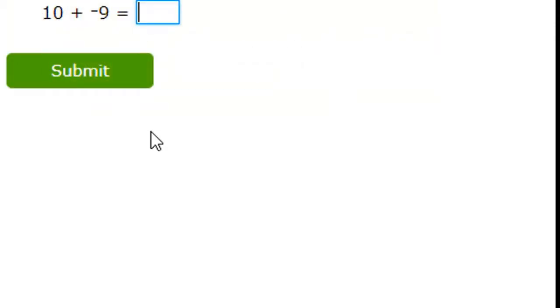Another example, we have 10 plus negative 9, with different signs, so we subtract them and put the sign of the greatest number. 10 minus 9 is 1, and the greatest number is 10 with a positive sign, so the answer is 1.